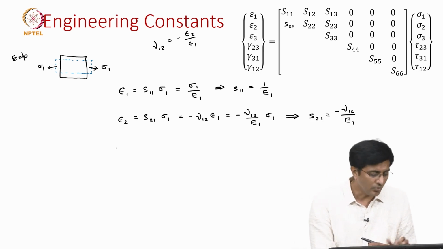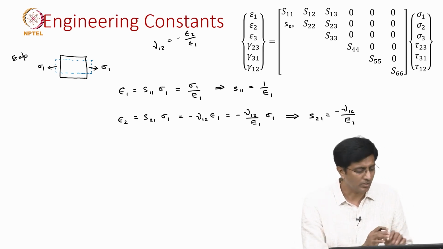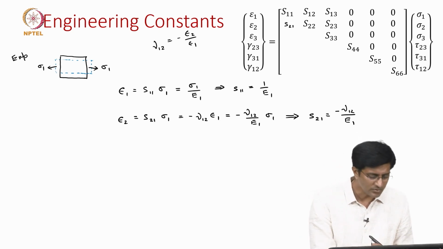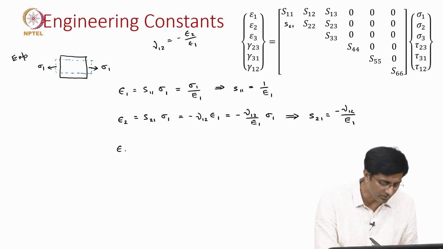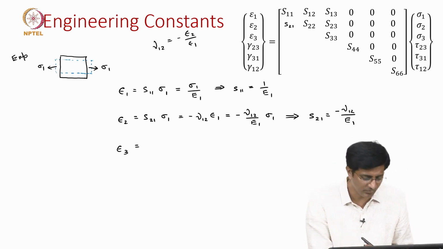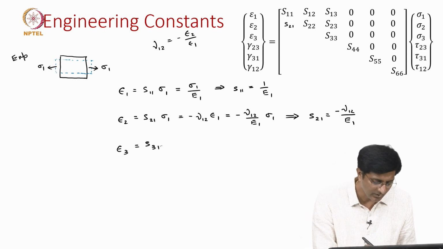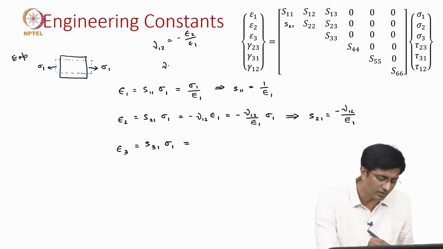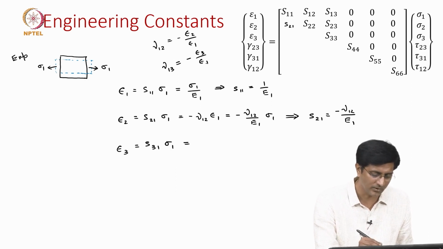Similarly, though I am only showing you the 1 2 plane, we are considering a 3 dimensional object, so there will be a third component of the strain as well. From the strain-stress relation we can write it as S31 times sigma 1. From the definition of Poisson ratio, I bring in nu 1 3, which is minus epsilon 3 by epsilon 1.